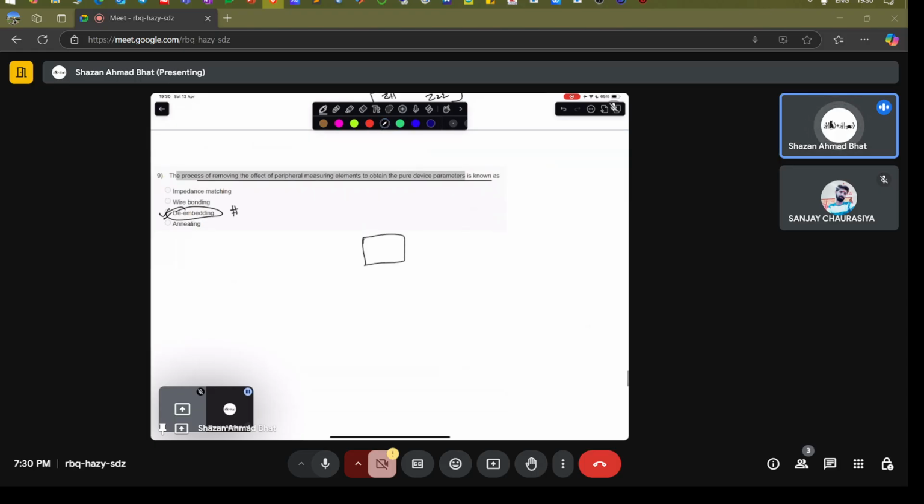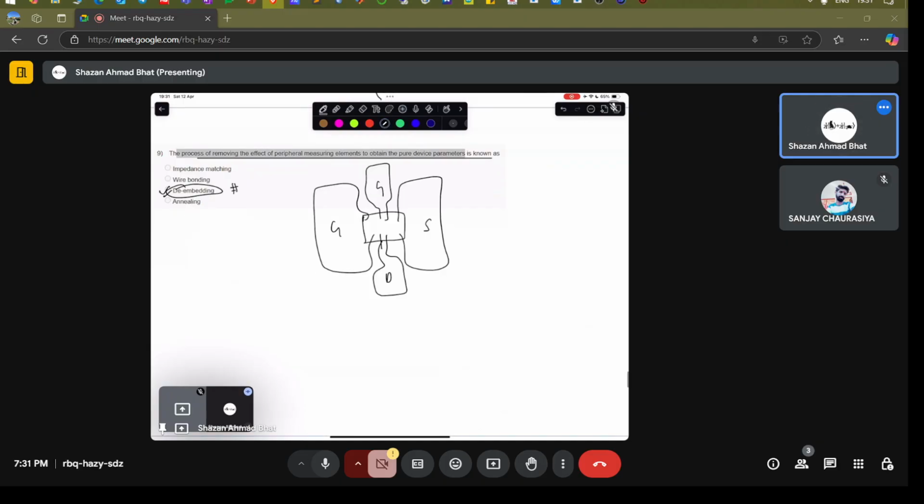If you have an active device and if you have side peripherals, let's say this is ground, and then you have, let's say this is drain, this is gate. What am I showing? This is ground, then you connect the pads, the metallic pads.